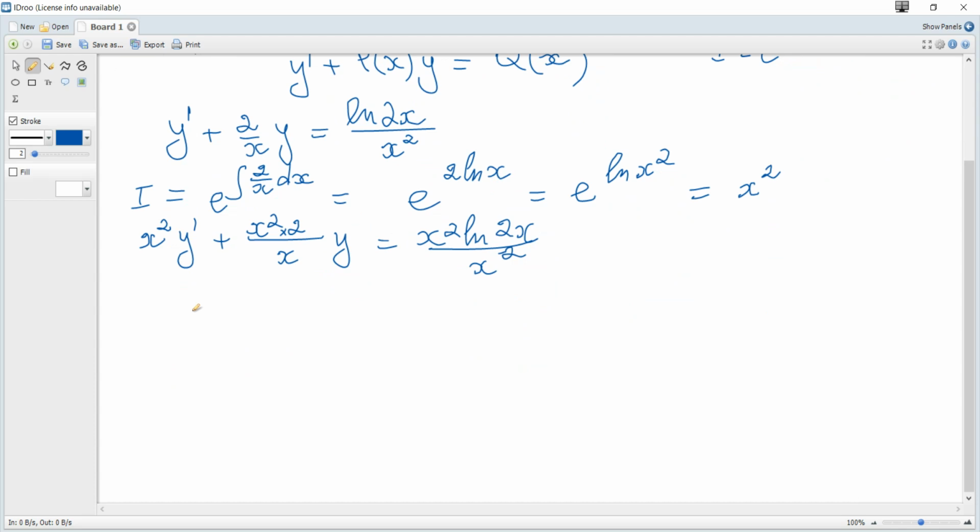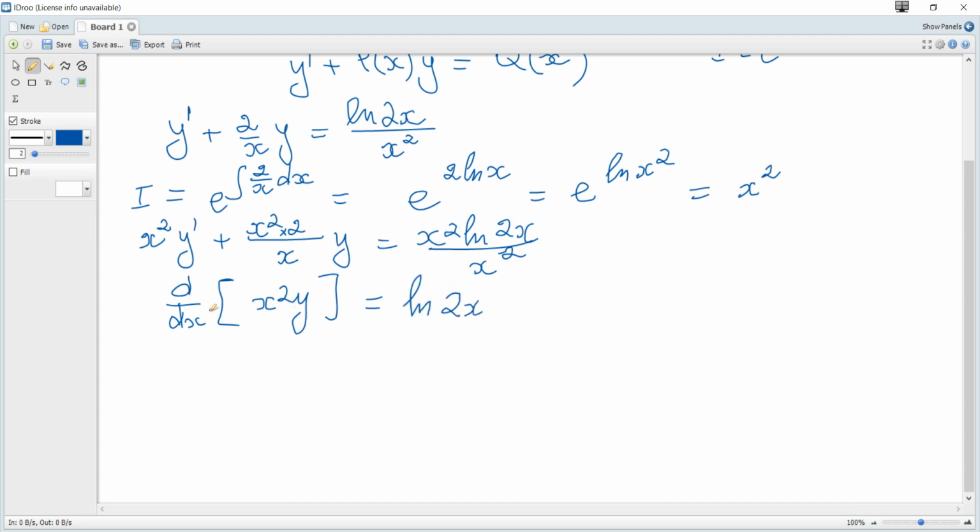And the left hand side becomes derivative of integrating factor multiplied by y. It's always true, you will always get that the left hand side becomes derivative of integrating factor multiplied by y. And notice that you should write this. And it is equal to just ln 2x.